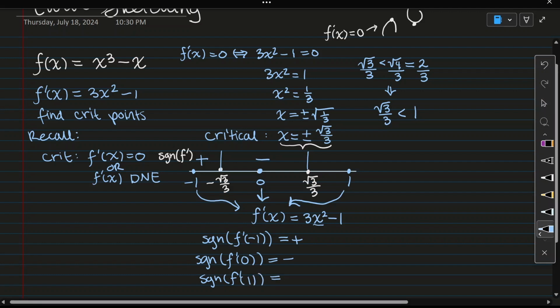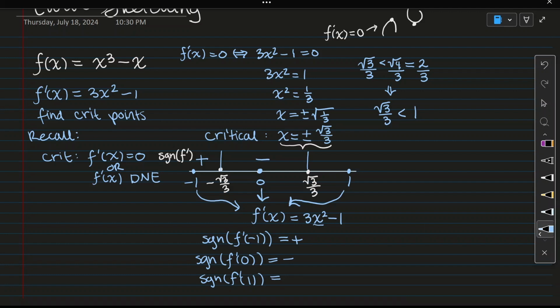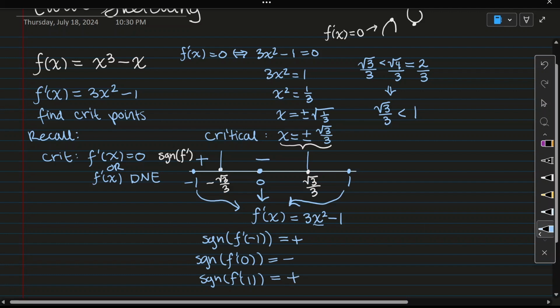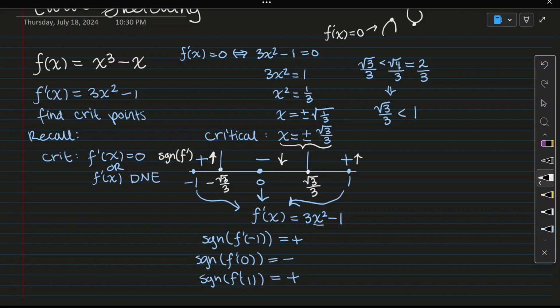If I plug in 1, I get 3 times 1, which is 3, minus 1, which is 2. 2 is positive, so I have a positive here. This tells me that my function increases here, decreases here, and increases here. Cool. So that's our first step, finding where our function is increasing and decreasing.